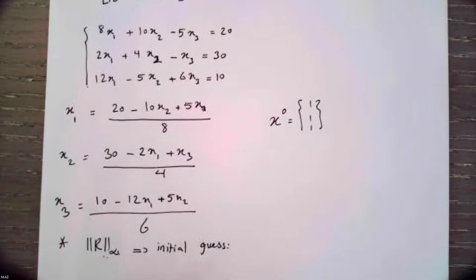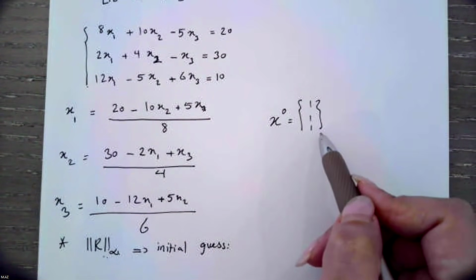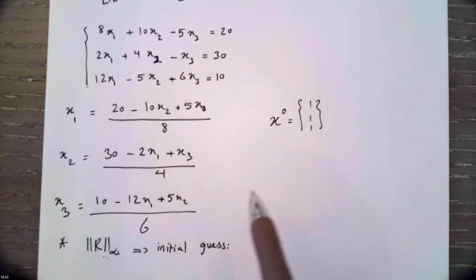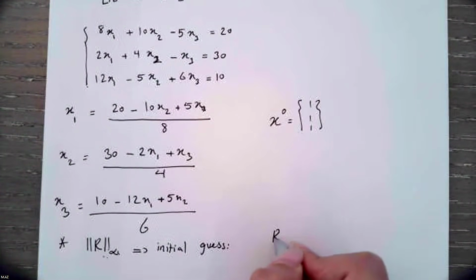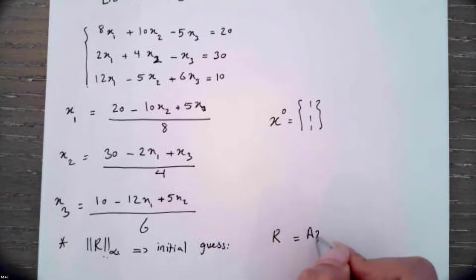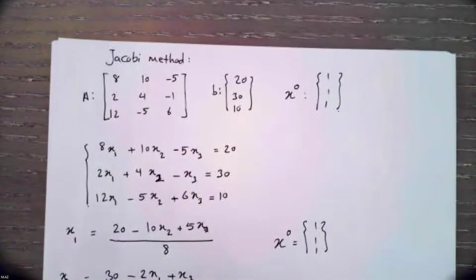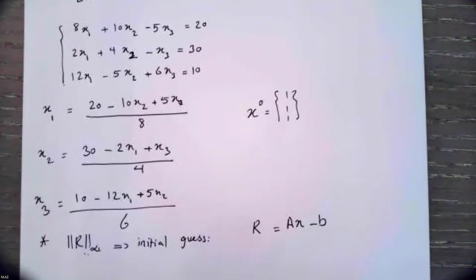Again, this part is added to the problem. It means we have to plug the initial guess into the equations and find the residuals. Again, the residual is found based on Ax minus b. You can write the matrix times the vector minus b, or you can directly plug into the equations.